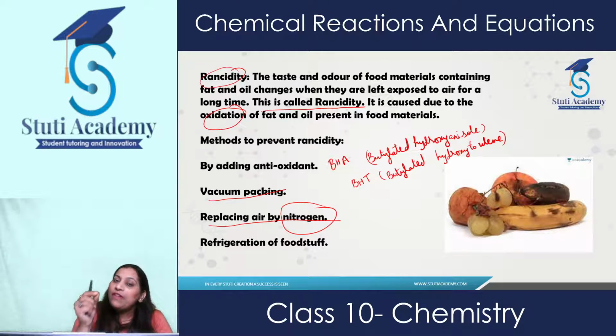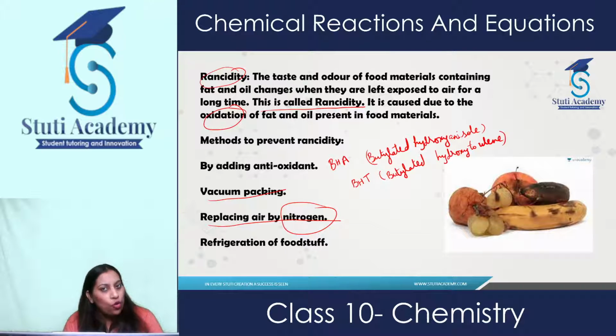The purpose of adding nitrogen in that packet in which chips are present is so that those chips don't come in contact with the oxygen, and it prevents the rancidity. And if they will not come in contact with oxygen, no oxidation takes place. Next is refrigeration of foodstuff.